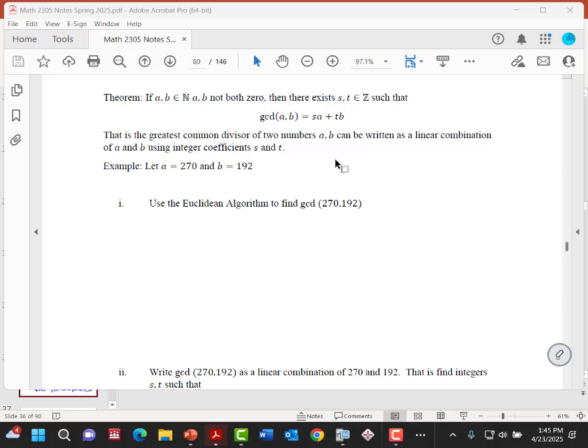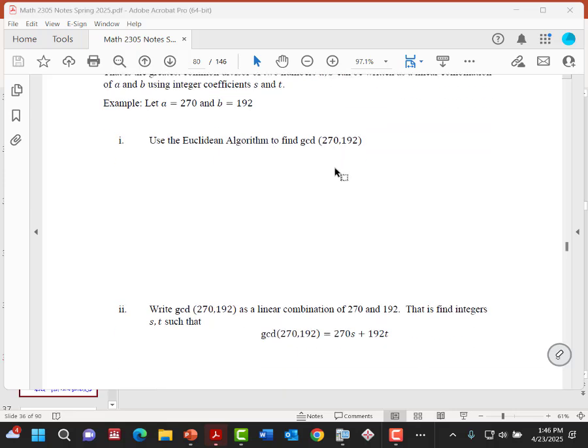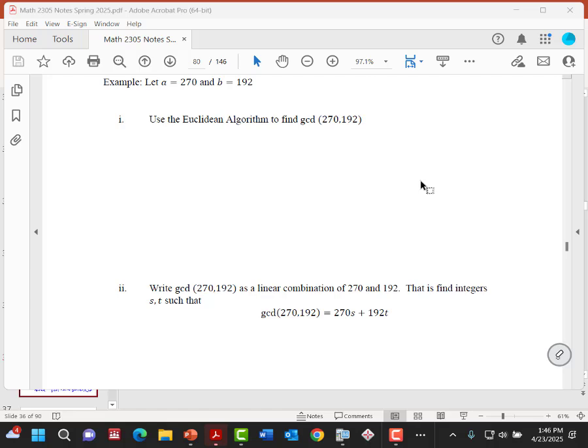So let's take a look at this next example. So let's use Euclidean algorithm to find the GCD of 270 and 192. So let's go 270 mod 192.